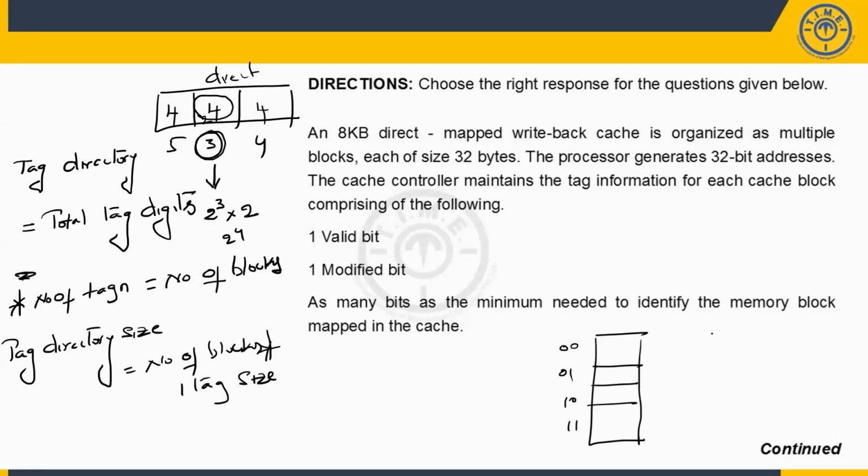In set associativity, what will happen is the total number of sets, this is sets, right? This is, let us say, first block, second block, third block, and fourth block.